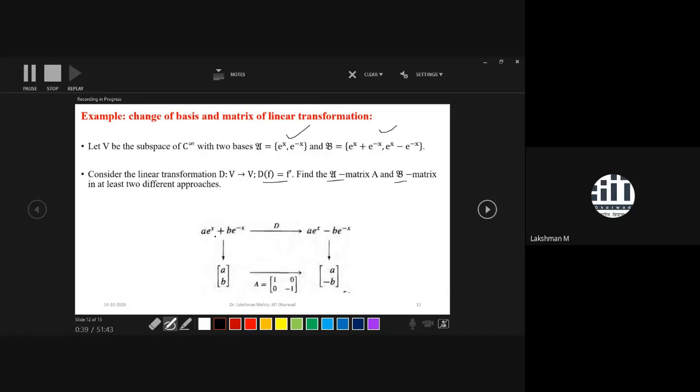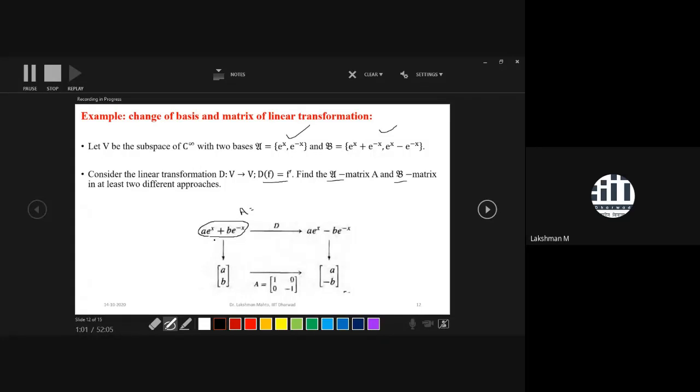Take any element from this vector space. We are dealing with the first basis A, whose basis elements are e to the power x and e to the power minus x.